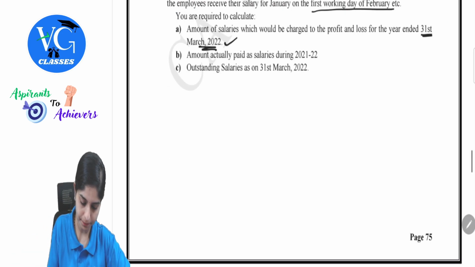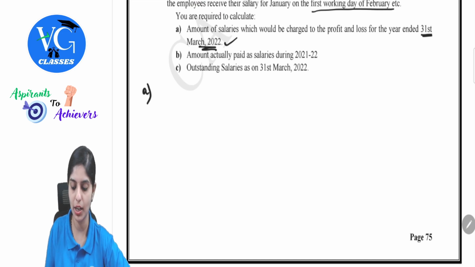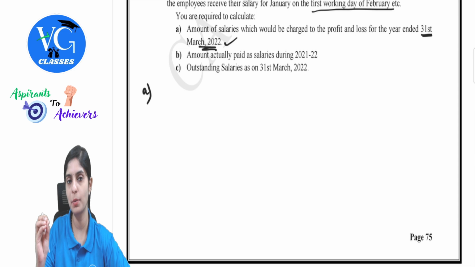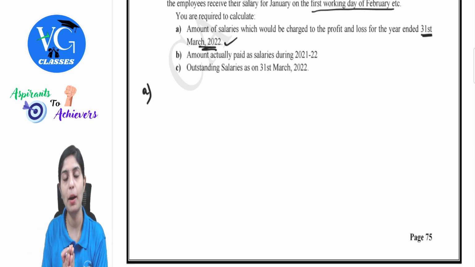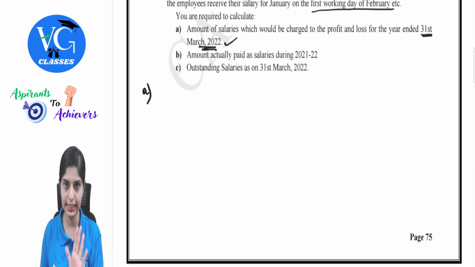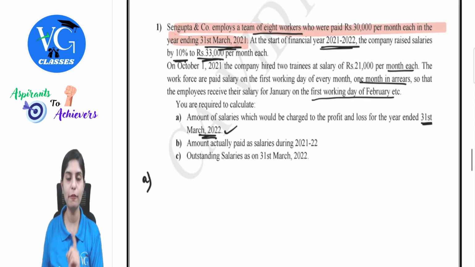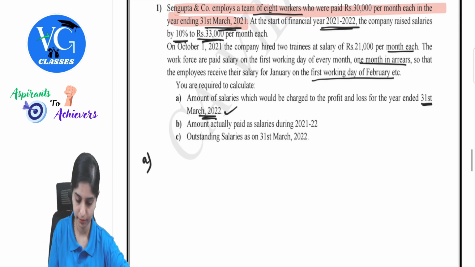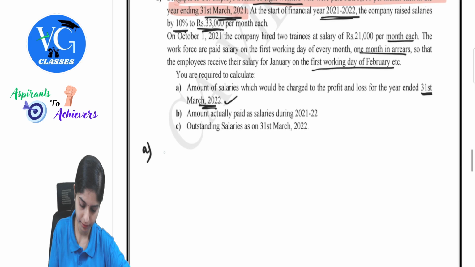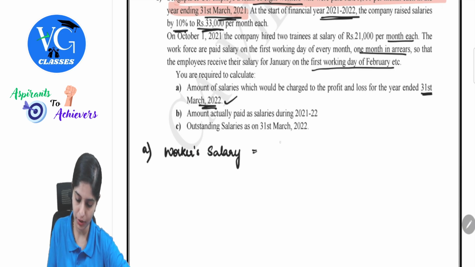Okay, so first, amount of salaries which would be charged to profit and loss account. Remember, when they are asking you the amount which needs to be charged to P&L, always consider that you have to record the amount for a period of 12 months. Clear? So in this case, for number of workers who are 8, what is the per month salary? Workers salary is equal to 33,000 per month.